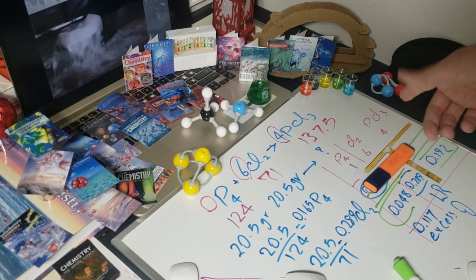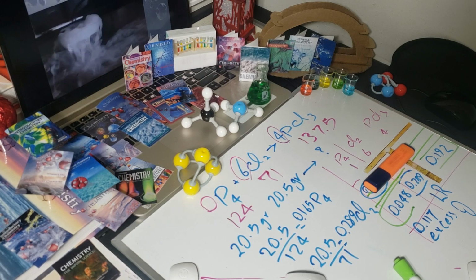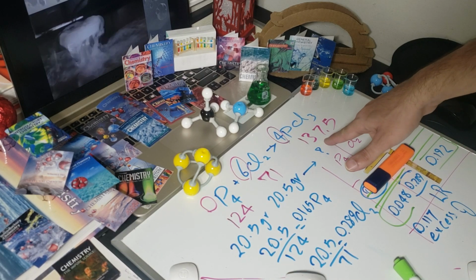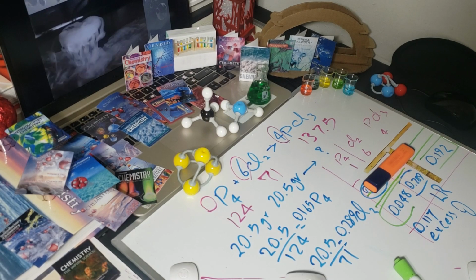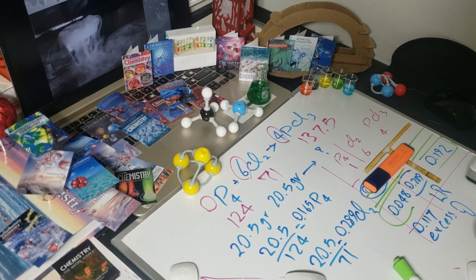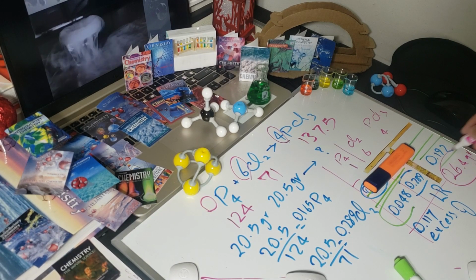And to find out how much product I could get, I should just take this mole amount and multiply it by the molar mass to get the grams, and that would be 26.4 grams of PCl3 produced.